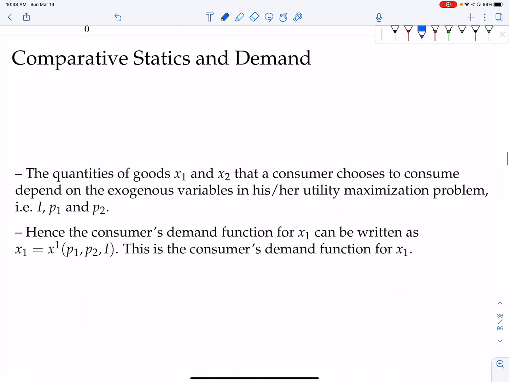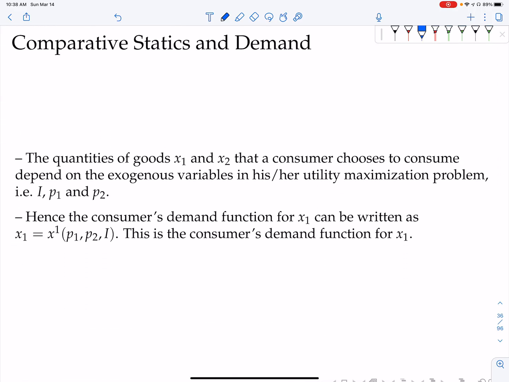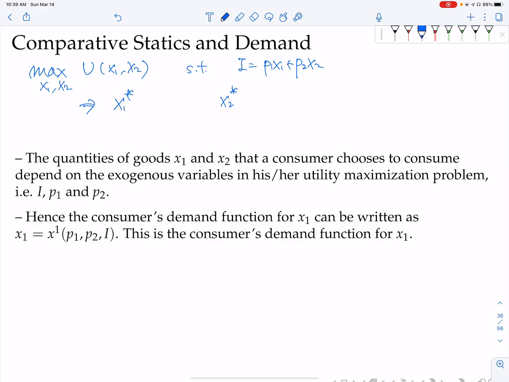Basically, we were solving the maximization problem of the consumer subject to the budget constraint. To be precise, this is an inequality condition, but assuming non-satiation, it's just going to be an equality condition. The solution will be given as x1* and x2*, and the exogenous variables are income, P1 and P2.